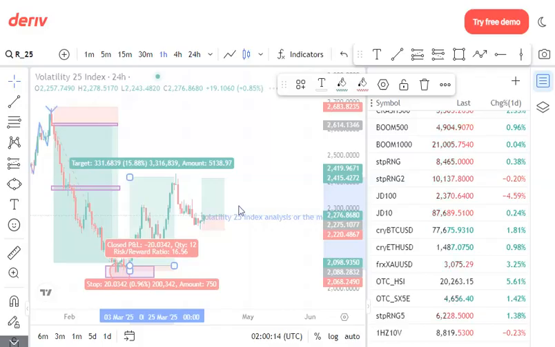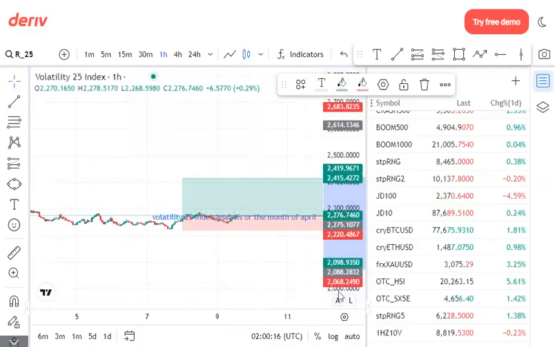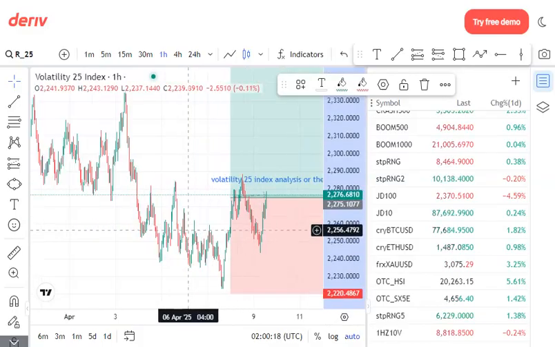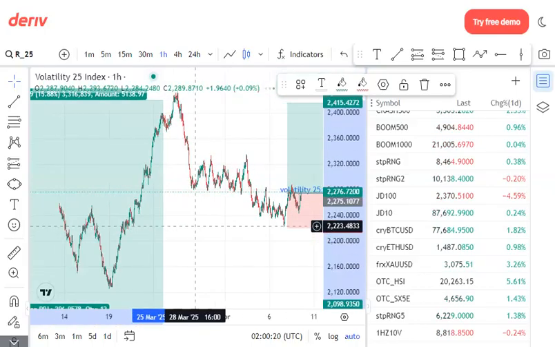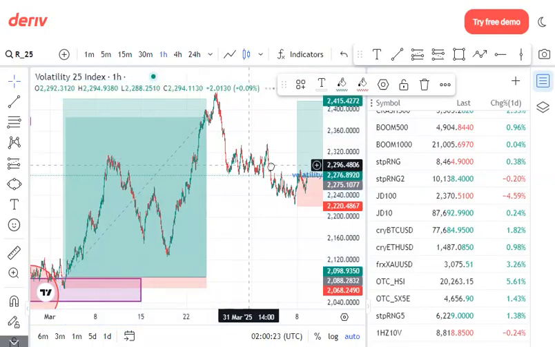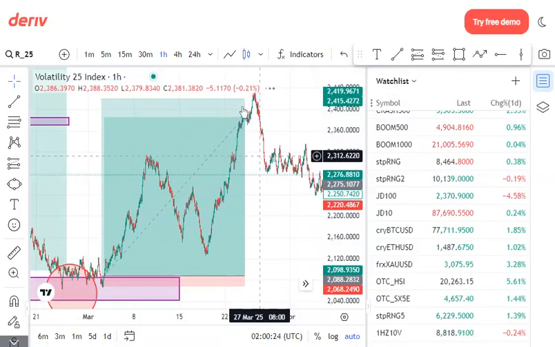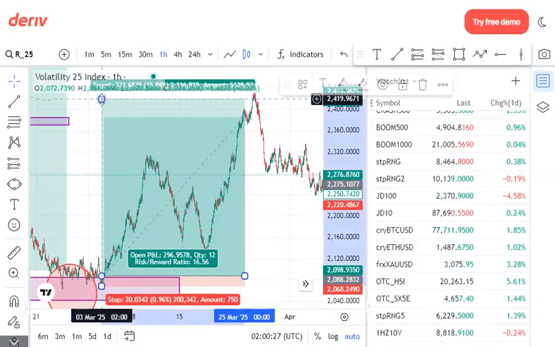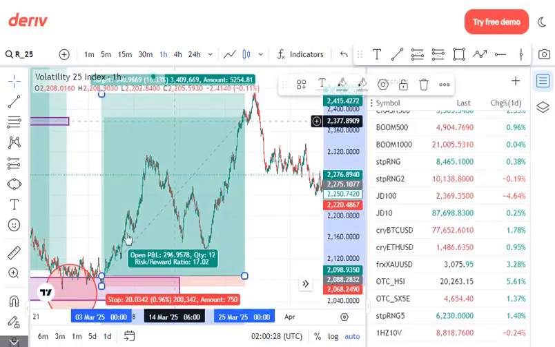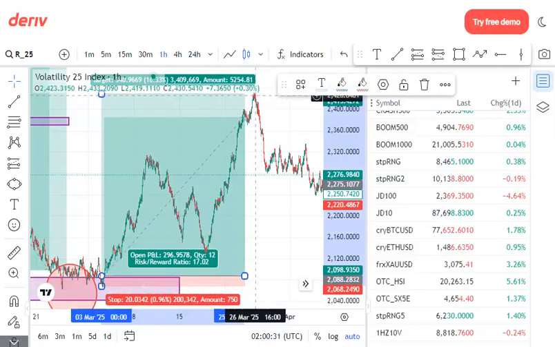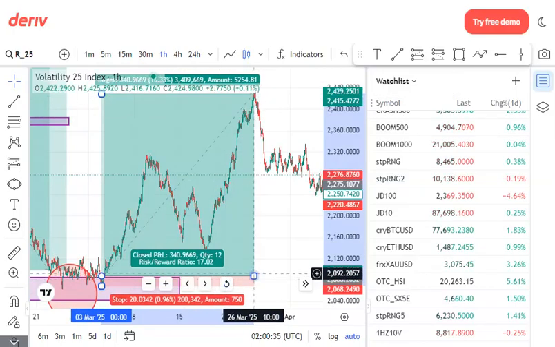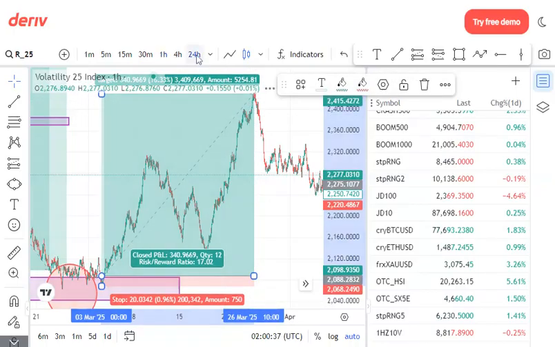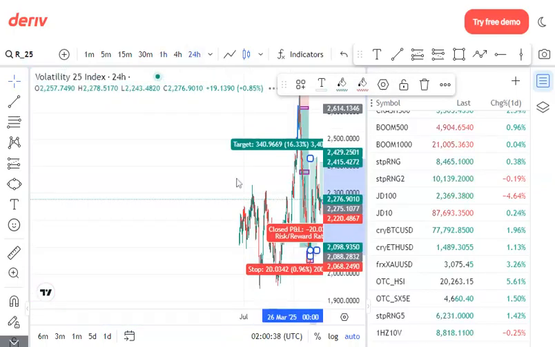But of course, the 1 hour time frame is still moving. We didn't have it tell us to stop out yet. So if we traded here, yes, the 1 hour time frame already told us to stop out. When we saw the 1 hour time frame going down and down, we saw it telling us to sell at this point. And after we saw a sell point here, we went back to the 24-hour time frame.